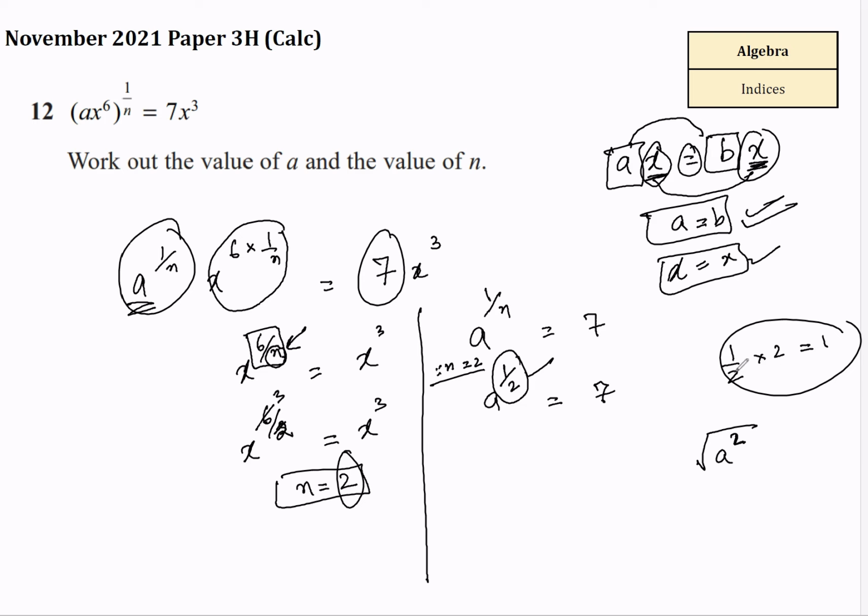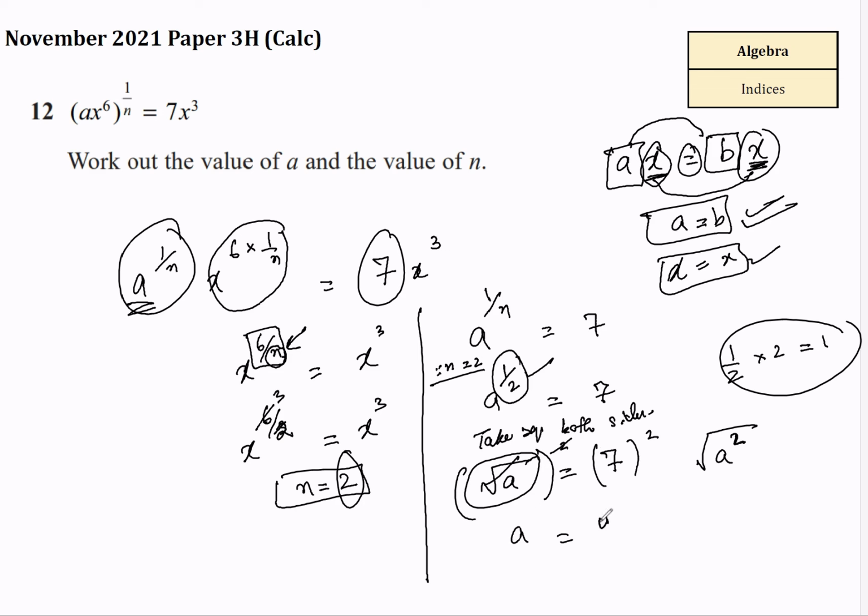Because half times 2 is 1. Take a square on both sides. Because a to the half means the square root of a equals 7. To remove this square root, what power do you take? You take a square. So this square will cancel the root. a equals 49.